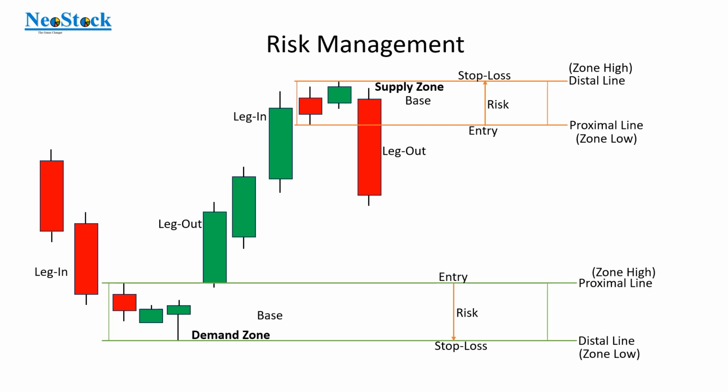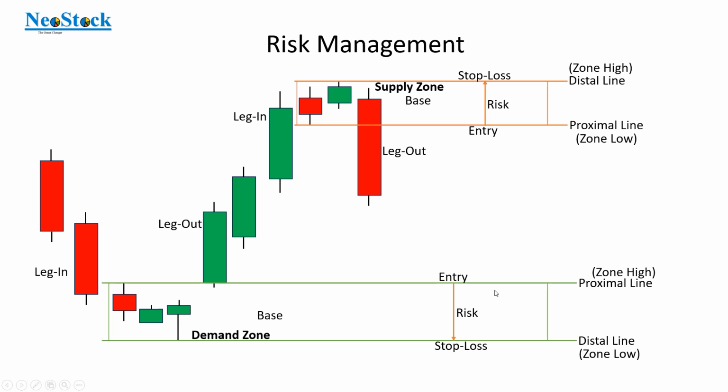Risk is the expected loss, or we can say potential loss. If you cannot manage this risk in the demand zone, or in the supply zone, the only option is to reduce the risk.